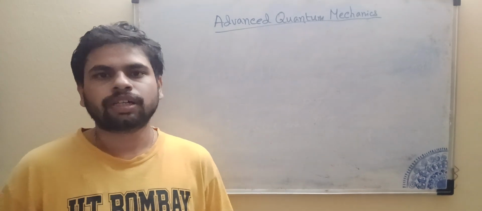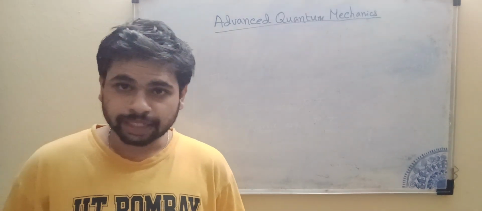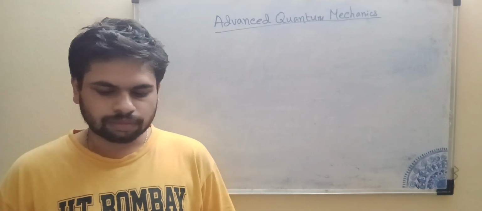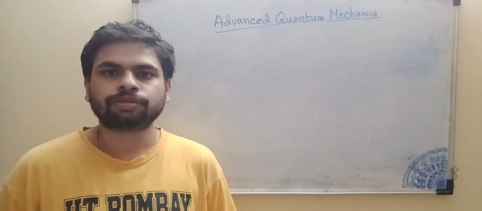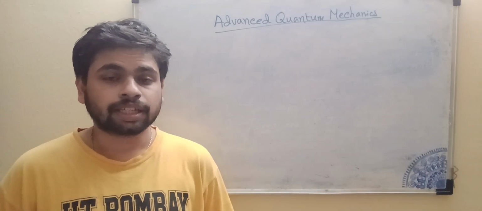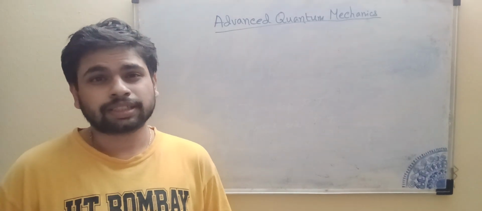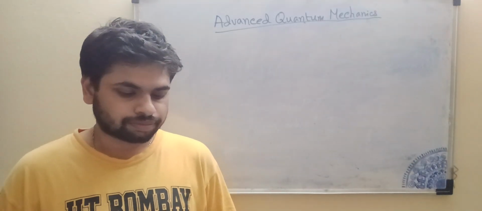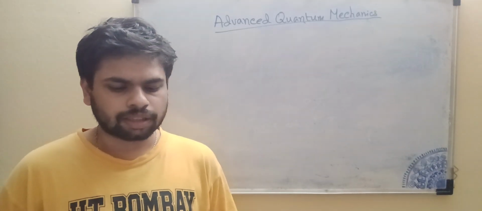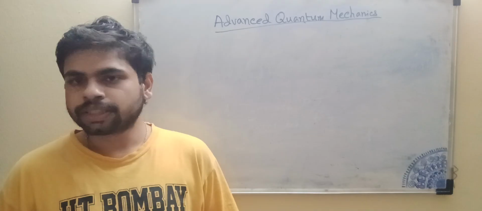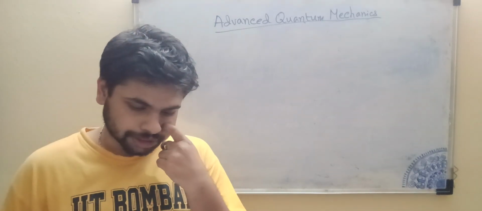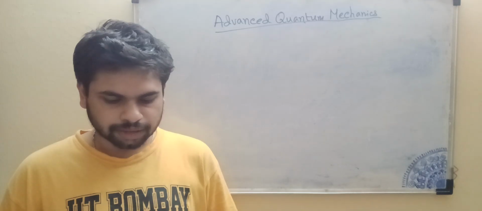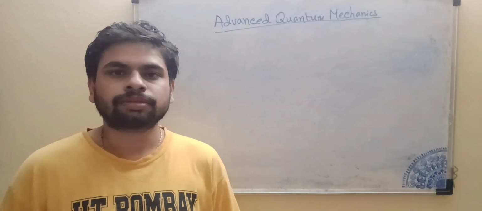We all know the basic quantum mechanics part, but we don't know about advanced quantum mechanics and its application to a greater extent. So we will start from this class 1 and from this video. First of all we will discuss the time independent perturbation theory.